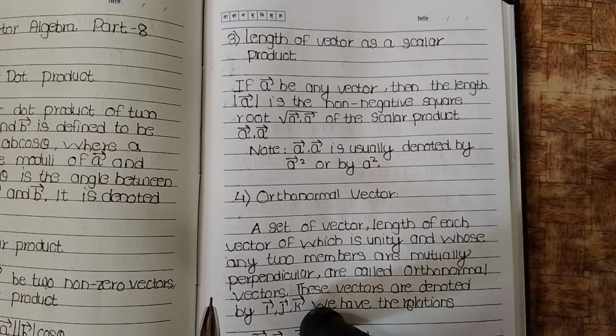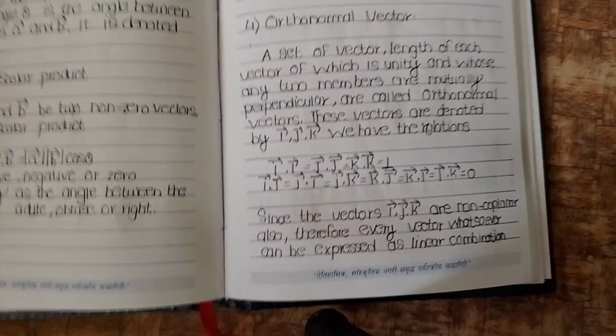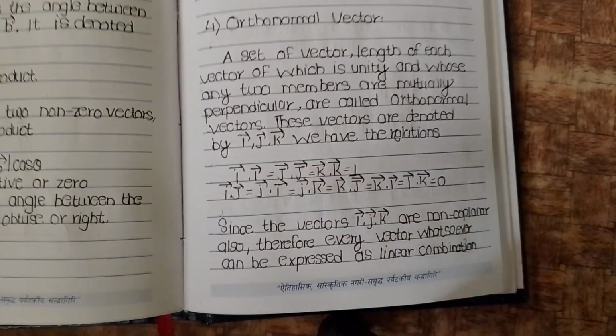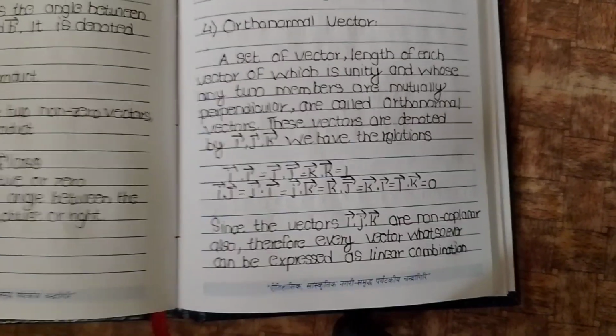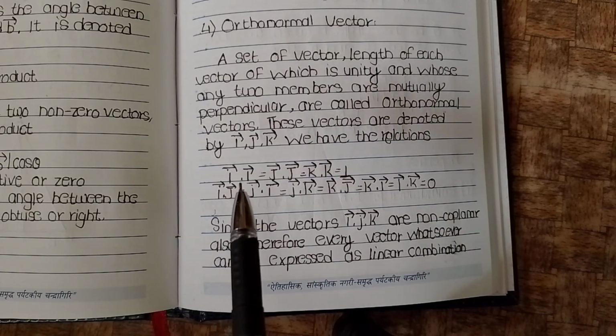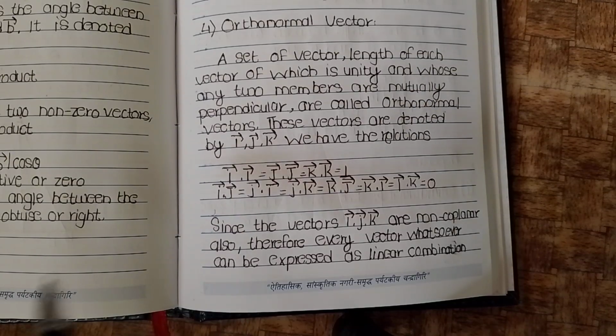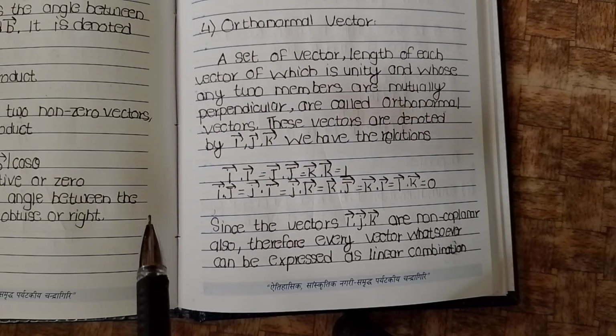Now we will study about orthonormal vectors. Orthonormal vector is a property of a vector. In proving, it will be mostly used. It will be better if you remember this also.